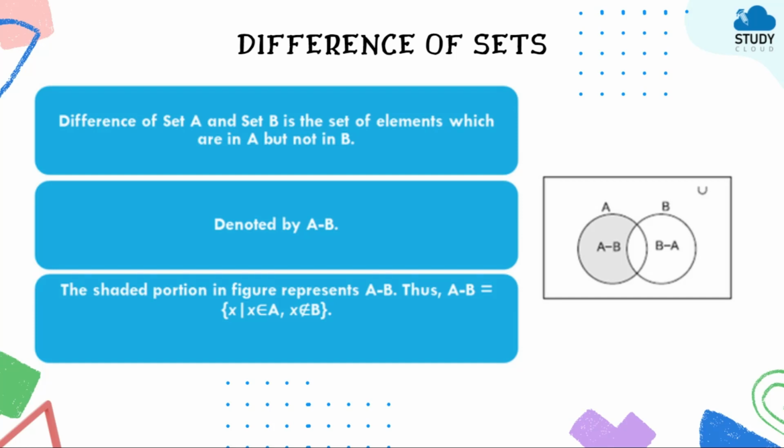So here A minus B we can write as {1, 3, 5}, and B minus A you can write as {8}. So this is how you have to find the difference of sets. So here you can read: x is an element, or x belongs to A, but x does not belong to B, meaning it will be in A but the element will not be there in B. That is known as the difference of sets.